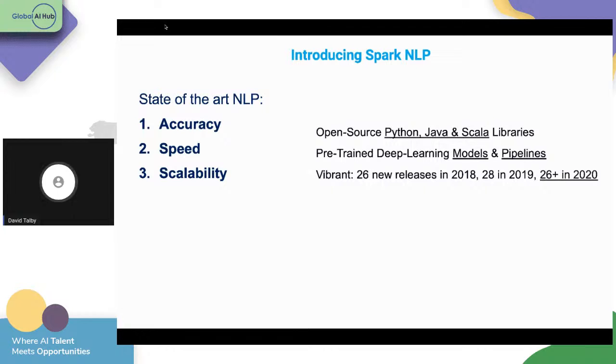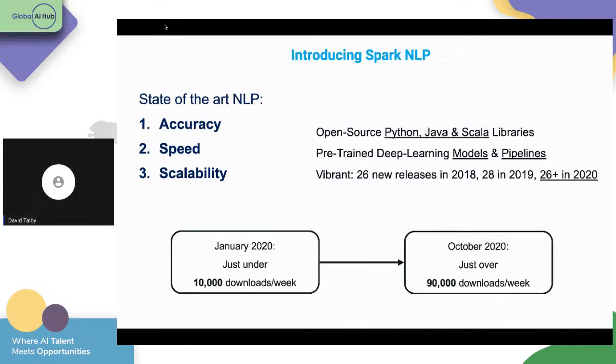There are no restrictions whatsoever. Spark NLP was designed to deliver state-of-the-art NLP to the open source community in terms of accuracy, speed, and scale. It's a set of open source libraries for Python, Java, and Scala with complete APIs for all three languages. And beyond the code itself, it's also a growing set of pre-trained models and pipelines, over 300 in total.